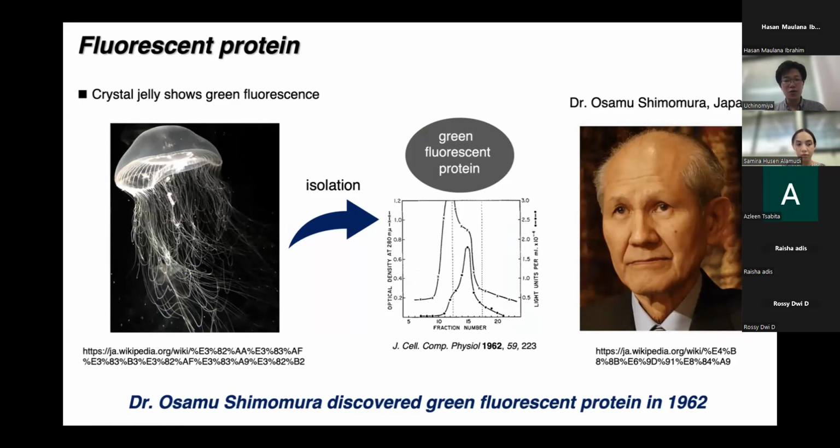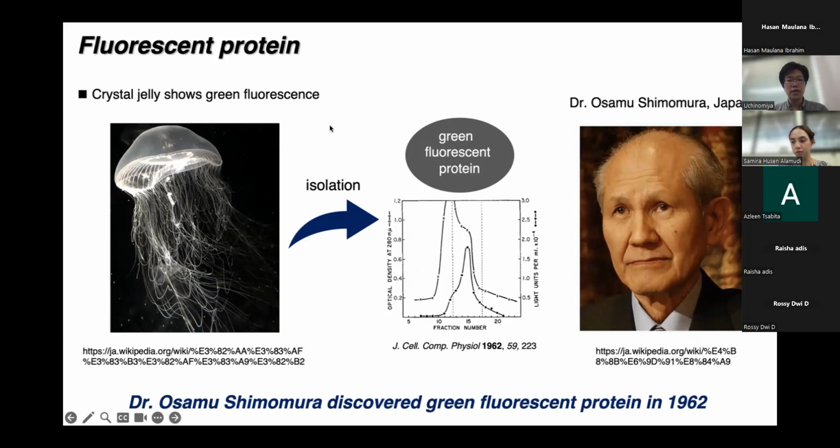He caught a lot of jellyfish with his family and isolated the protein showing a green fluorescence. So this was reported in 1962, but at this time, the detailed structure of the green fluorescent protein was not disclosed.